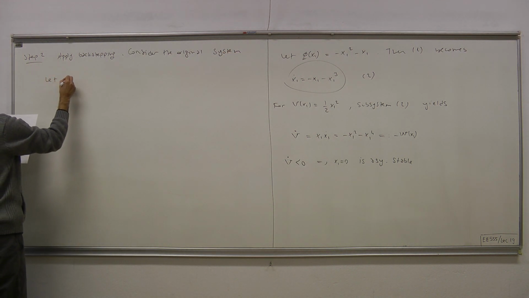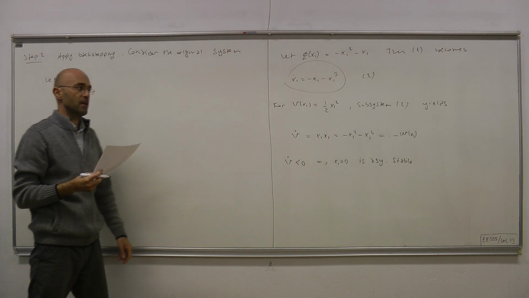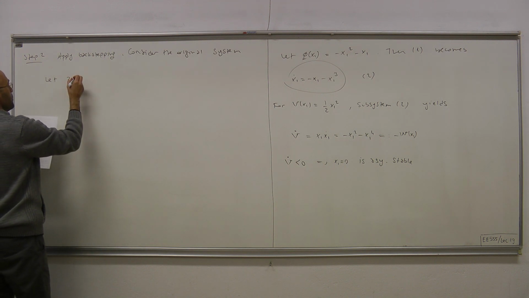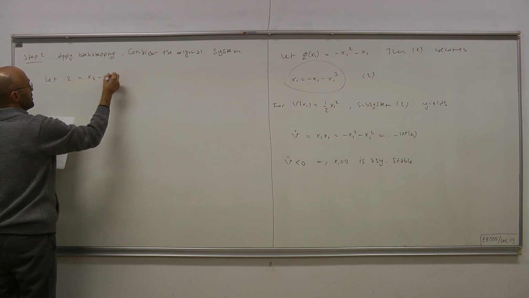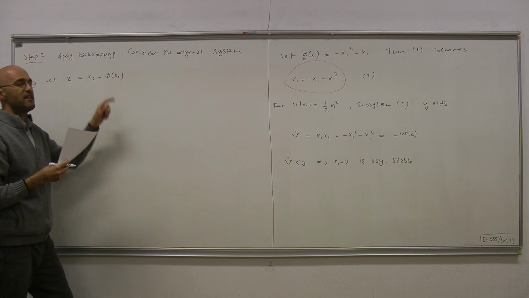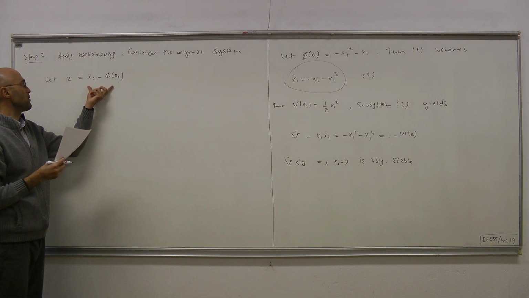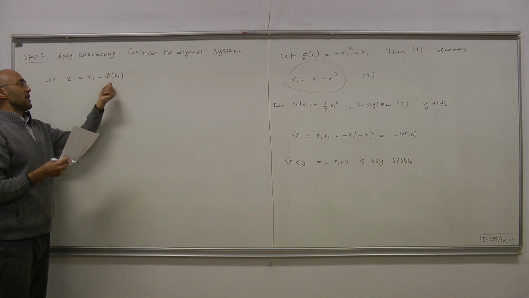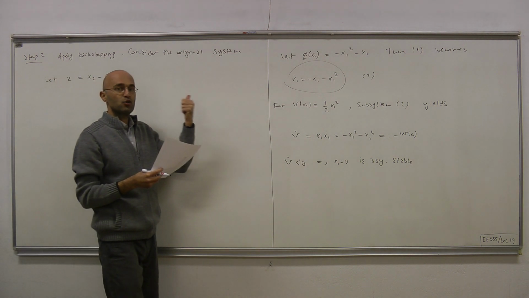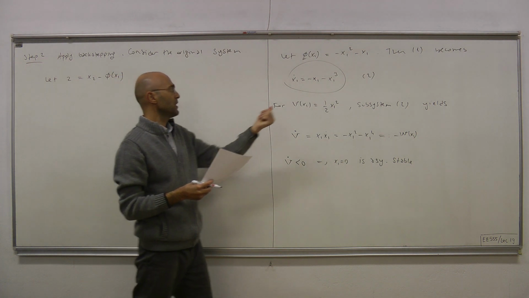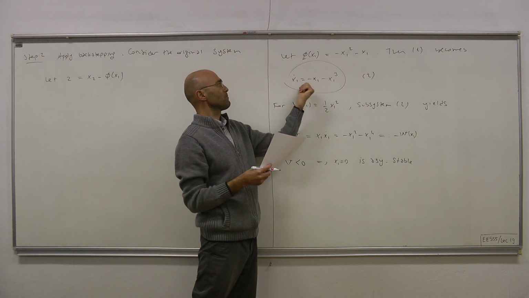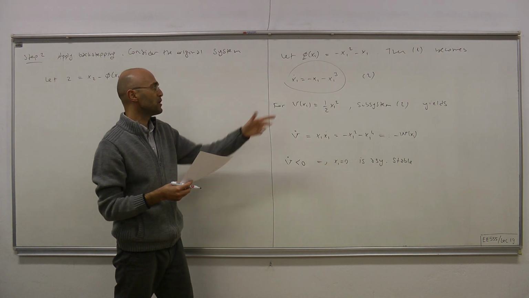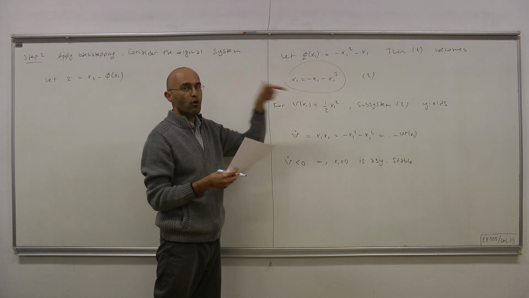And let us introduce, as we did in the previous lecture, the new coordinate, new state variable z, which is the difference between x2 and phi of x1. So what we want is for this z to go to 0, so that means x2 becomes phi of x1, and when x2 becomes phi of x1, or almost phi of x1, the upper half system becomes, more or less, x1 dot equals minus x1 cube, and we know that means x1 is converging to 0.